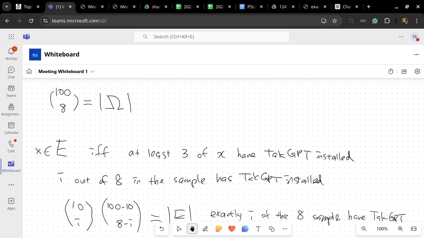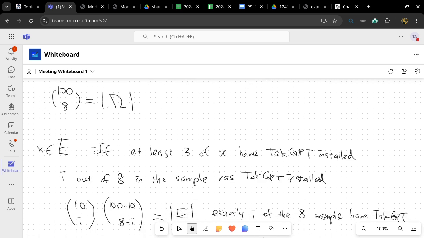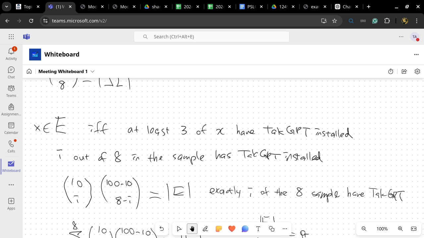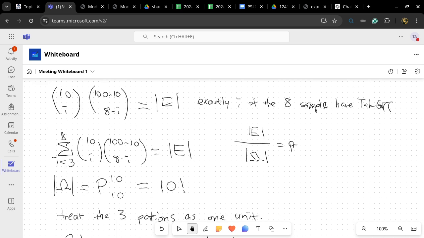The cardinality of E is that exactly i of the 8 samples have it, but then in the summation, this part should not be equal to the cardinality of E. This one is correct, this is only for one case. But we have to add up these 6 cases here. So this is not correct. Strictly speaking, I should be erasing this part.